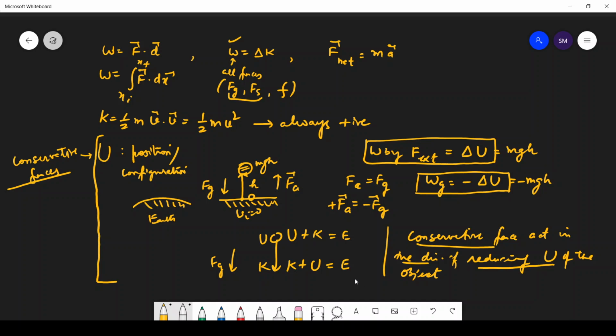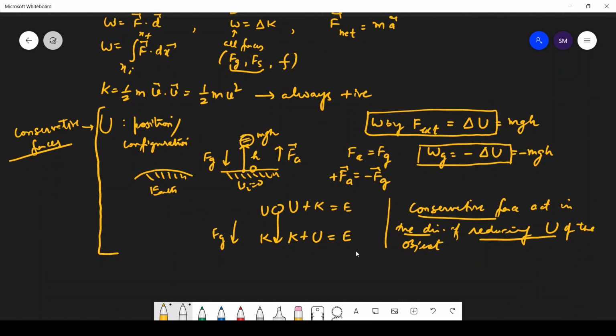Now we have a question. This pendulum is at rest. Okay, fine.